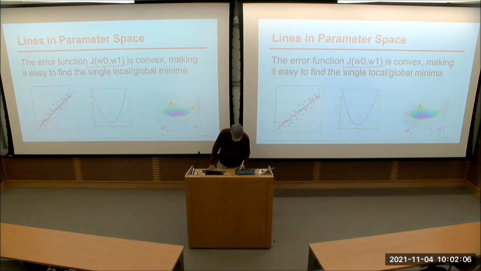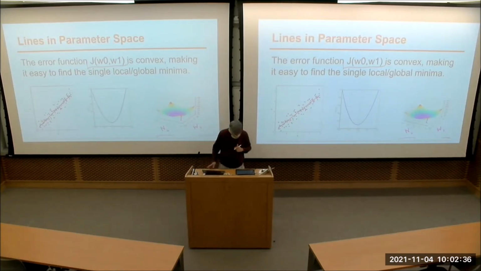For each one of these points, we could think the error value would represent a third dimension. You can now imagine our space of linear regression models is going to be three-dimensional points. The first two are the parameters of the line, and the third is going to be the error.